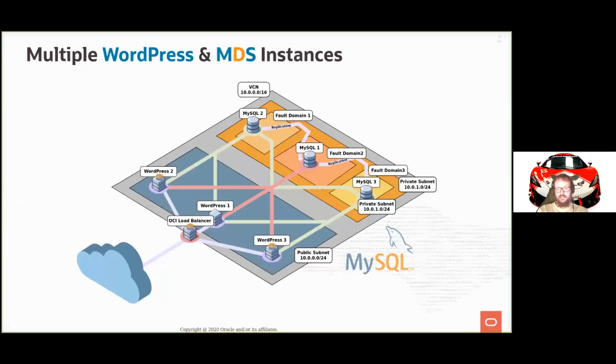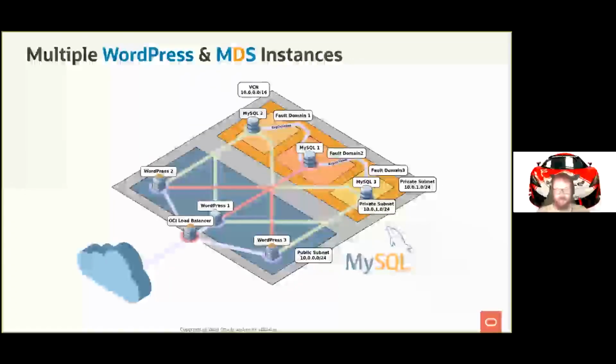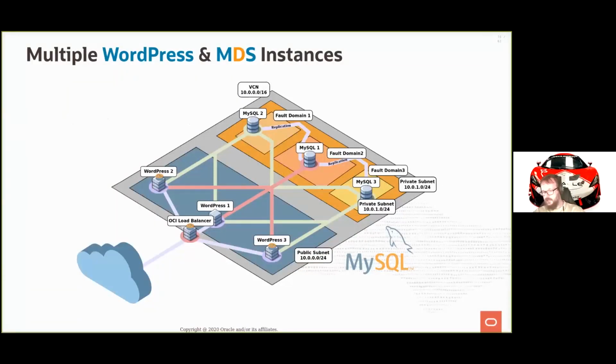So this architecture that you can see here uses HyperDB for WordPress to split the reads and the writes. So it's just a module you need to install and configure. It uses MySQL router, and every WordPress has, if you can see here, it's a bit small, I don't know if you see them here, but they all have here a small router, right?